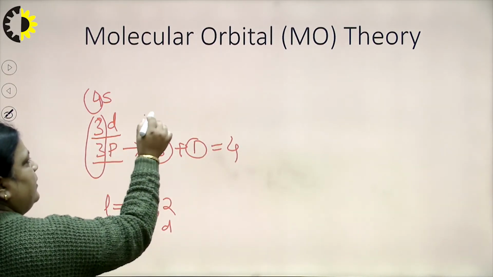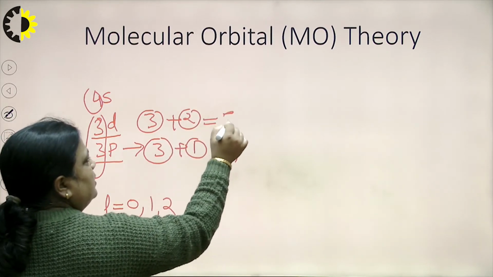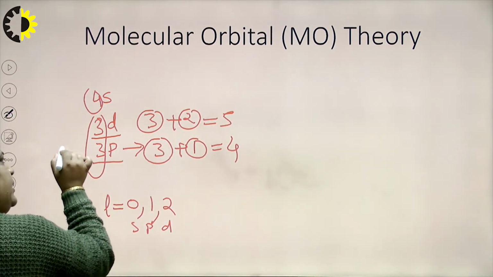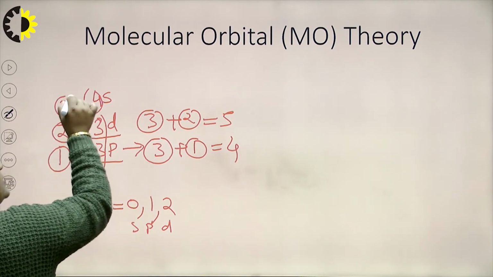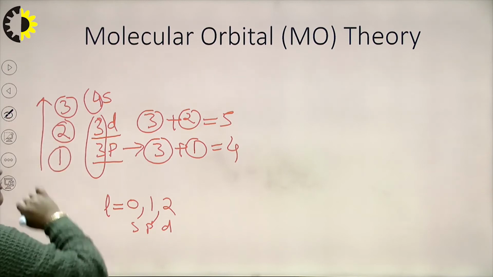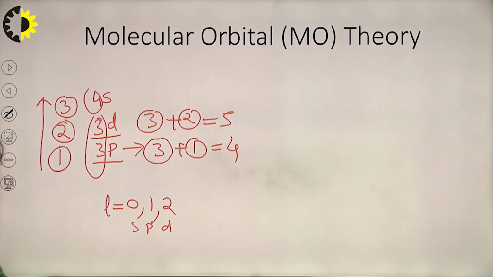In 3d, 3 plus 2, which is 5. So, the electron will first enter 3p, then 3d, and then 4s. This will be the order of orbitals in which the electrons fill.